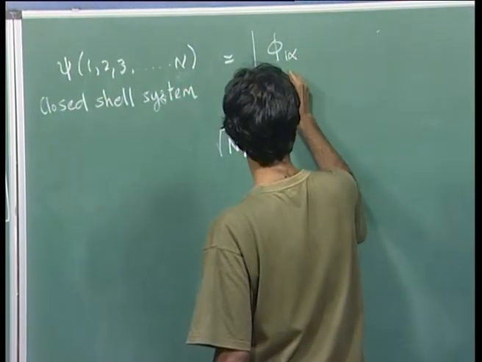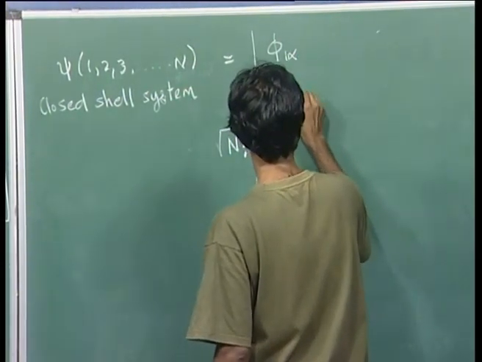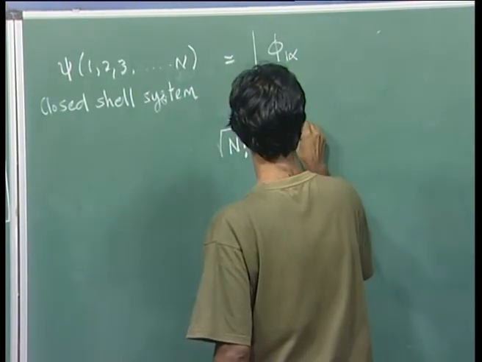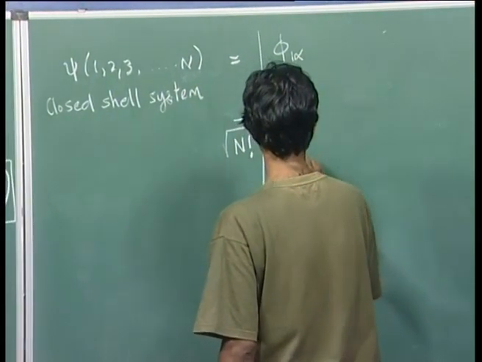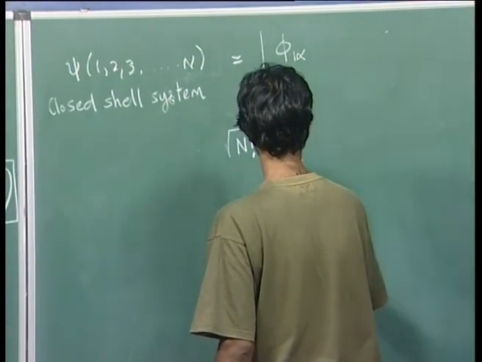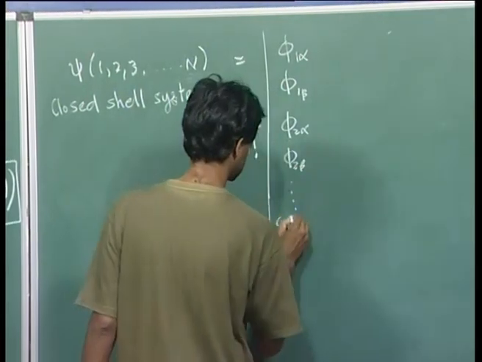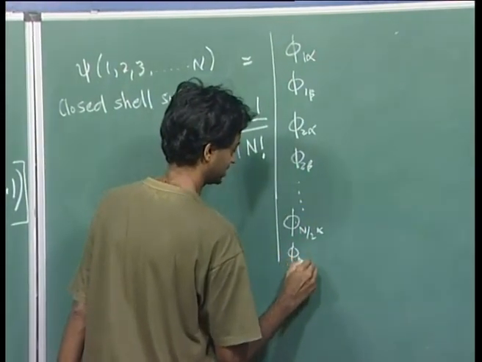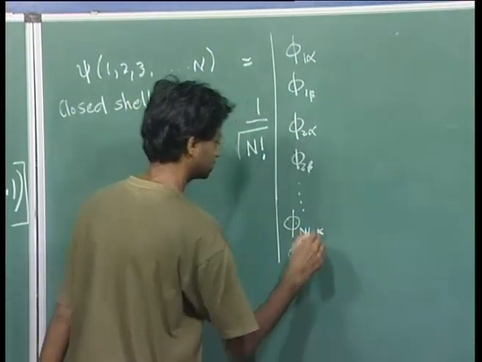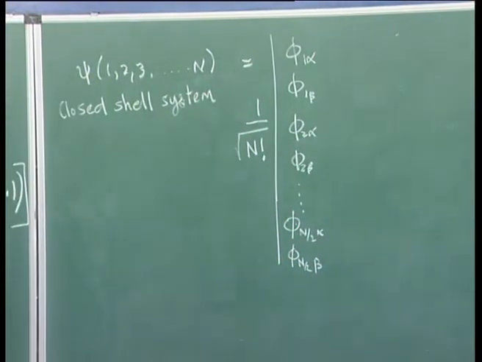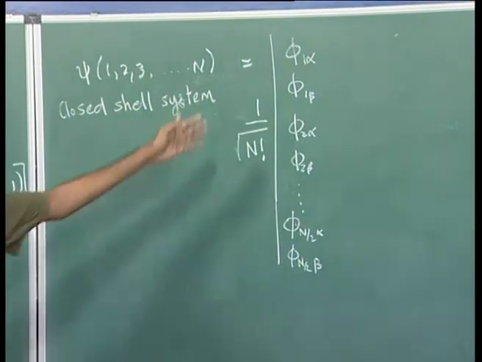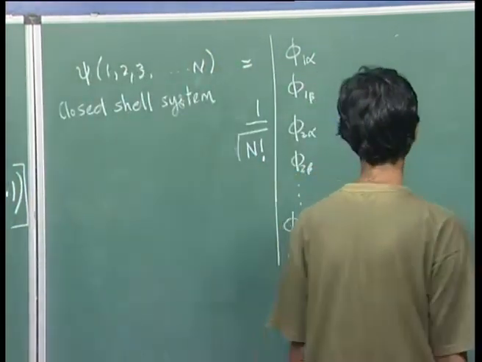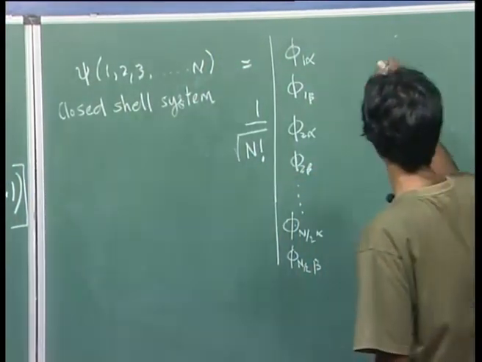Then the various orbitals correspond to phi 1 alpha, phi 1 beta, phi 2 alpha, phi 2 beta, all the way up to phi n by 2 alpha, phi n by 2 beta. So, all the electrons are paired in their respective orbitals, and these are the various orbitals. We can write the Slater determinant very easily.